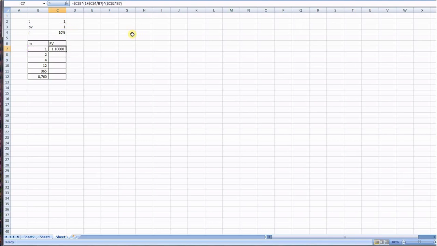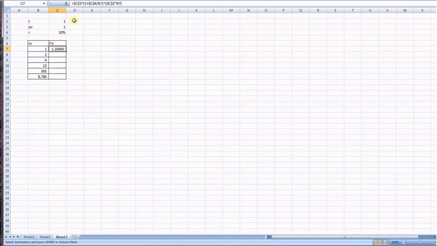Let me copy the formula over, and copy the problem down as well. We can see, as per what we have shown just now, as compounding frequency increases, the future value increases. So we have 1.1 here, 1.1025, 1.10381, and so on.